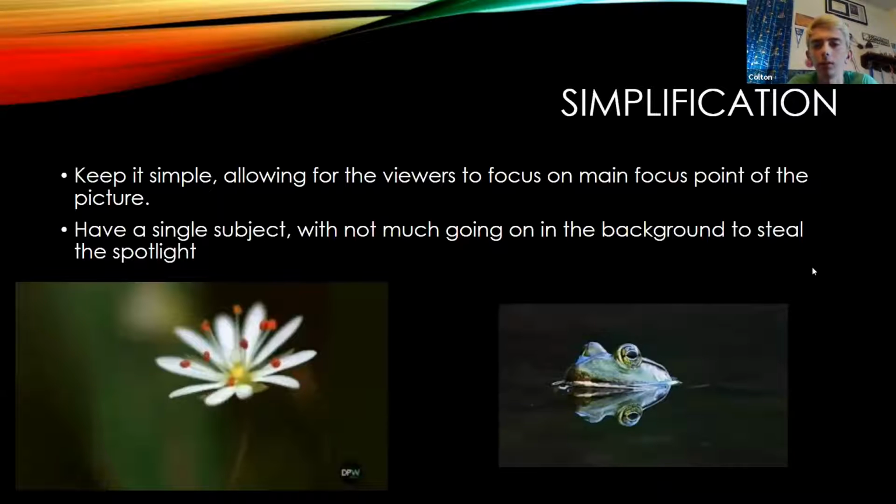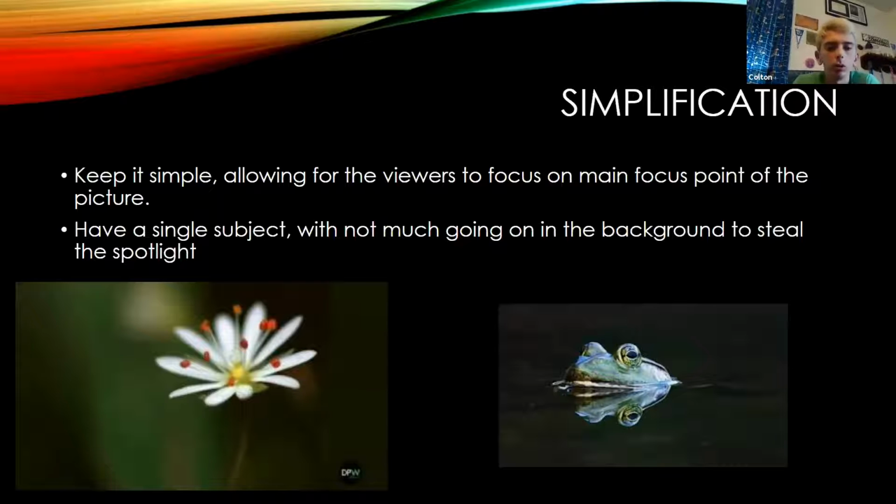Okay, so simplification is one of the easiest photography techniques that you can learn. Basically, all it does is help you keep your photo simple. It allows your viewers to focus on the main point of the picture, instead of having a whole bunch of stuff in the background that can take your viewers' attention away from what you want them to focus on, and it can distract them.